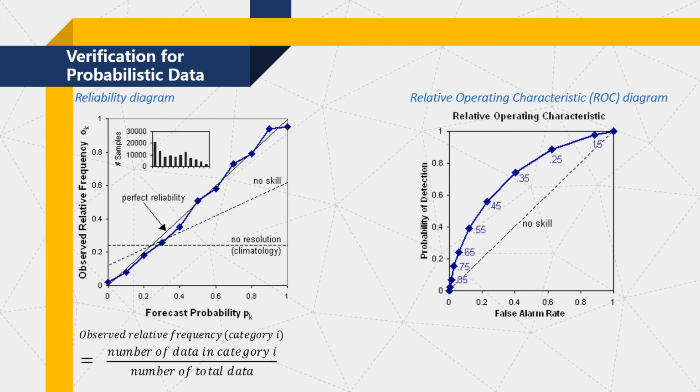The area below the ROC graph is usually used to seek the probabilistic forecast accuracy. When the ROC graph becomes closer to the upper corner of the diagram, it indicates that the forecast has a better scale.